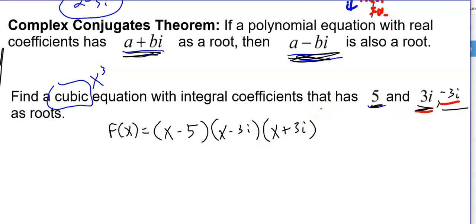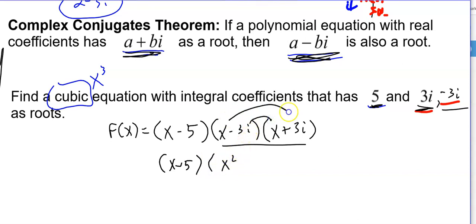Now, to put it in standard form of a polynomial, let's FOIL these together. We'll multiply the x minus 5 in just a minute. So you get x squared minus 3ix plus 3ix, that goes away. And then minus 9i squared. That can be simplified further because that's really x squared plus 9, because i squared is really negative 1.